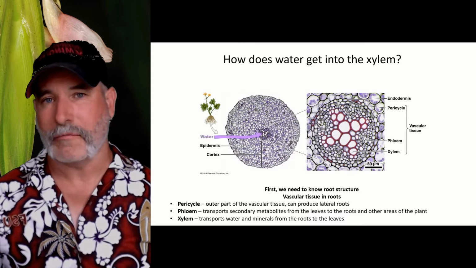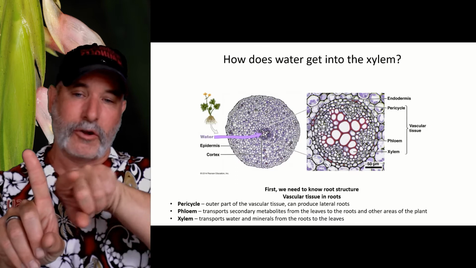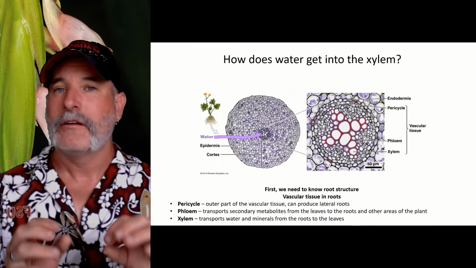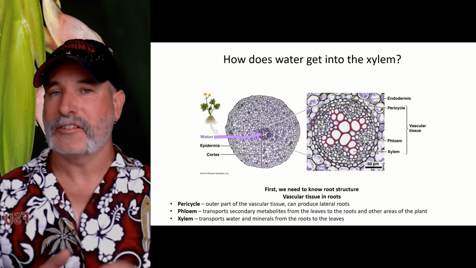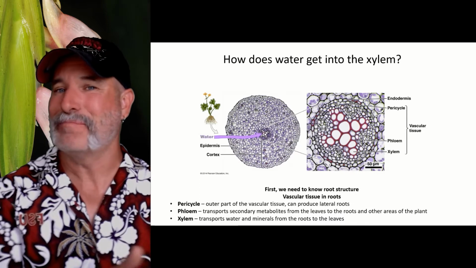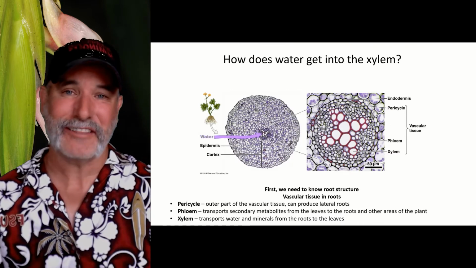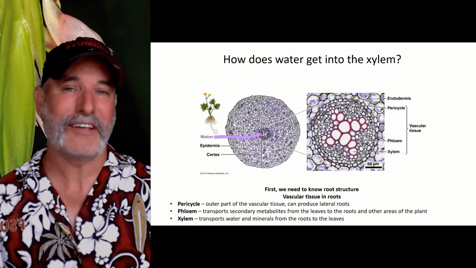Now what's important? It can actually form new roots. So you've got roots and then another root growing off of it. The reason it comes off the pericycle is because if you're creating more roots, the vascular tissue has to be connected. The way you connect that is from the cells forming the outer edge of your vascular tissue.